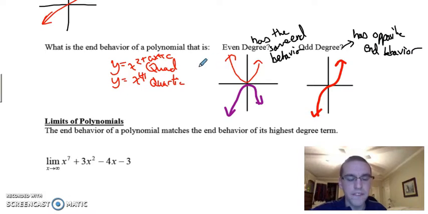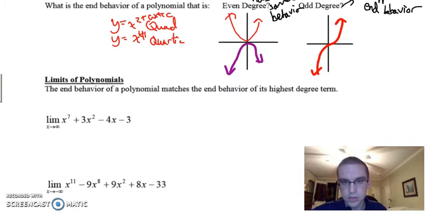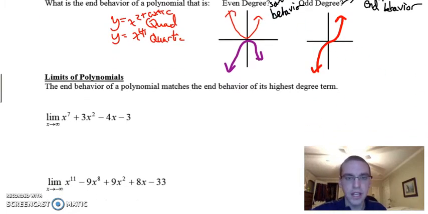And so if it is a positive coefficient, the limit as x approaches infinity is always going to be infinity. If it's a negative coefficient, the limit as x approaches infinity will always be negative infinity. So that's important to know. So both the red ones are positive coefficient.